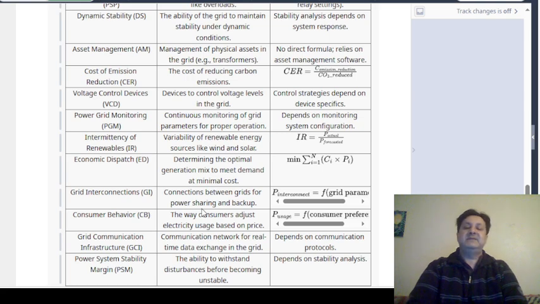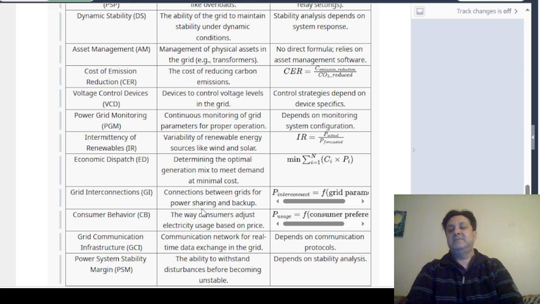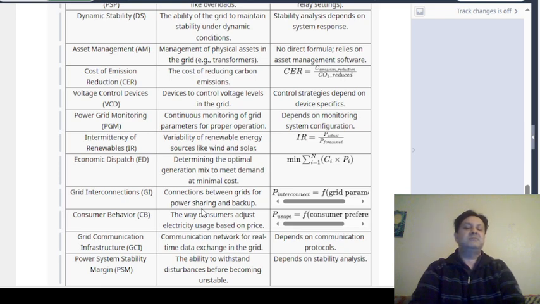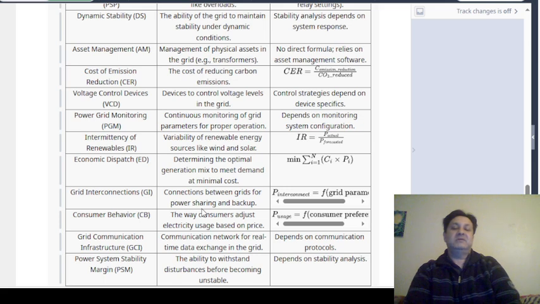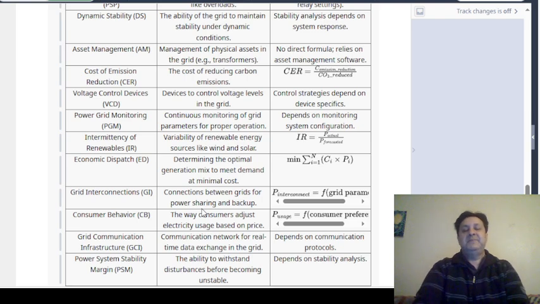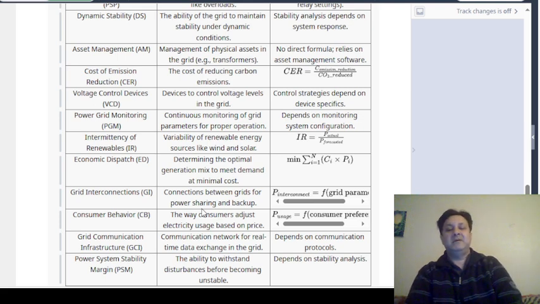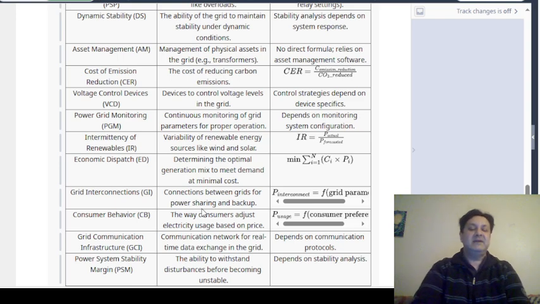Then the intermittency of renewables, IR: the variability of renewable energy sources like wind and solar. If I have the source, I have to make sure, because usually we cannot have a constant wind or constant solar, I mean sunlight. It depends upon the weather, day and night, and upon the wind speed, wind mapping, location, and all that.